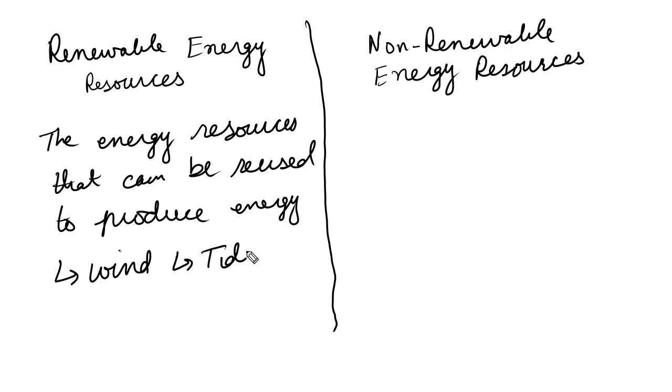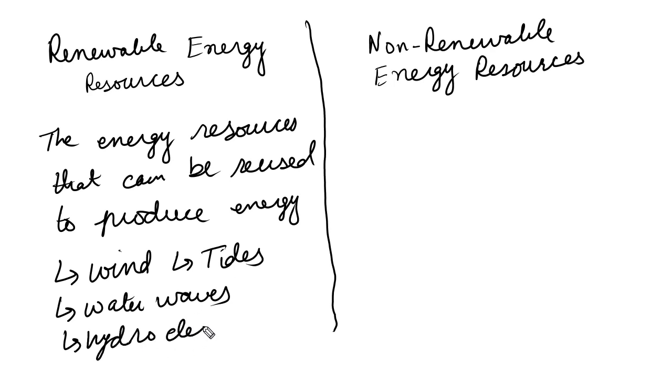It could be tides, water waves, and hydroelectricity. So these are some of the examples for the renewable energy resources. So we can reuse these renewable energy resources and produce more and more energy out of it.